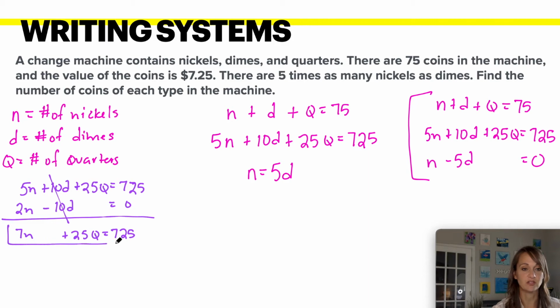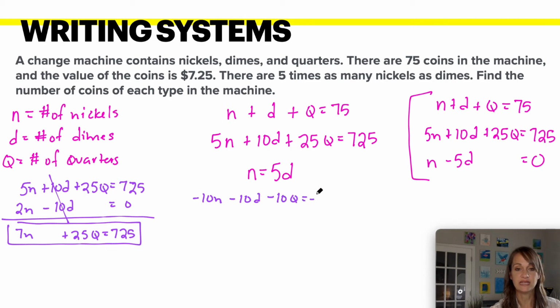There's my first equation. Now I need to eliminate the d in another place. So I'm going to take the first two equations. I'm going to multiply the top by a negative 10 so that it will cancel with this positive 10. So negative 10n minus 10d minus 10q is going to give me a negative 750 because I multiply by negative 10. And then on bottom, I'm left with 5n plus 10d plus 25q equals 725.